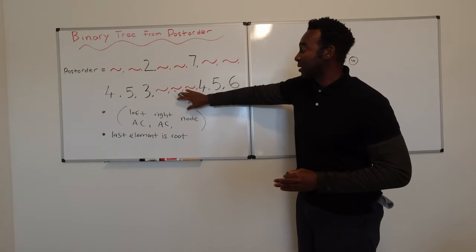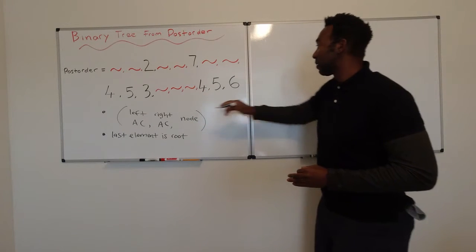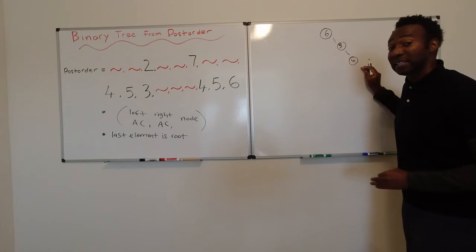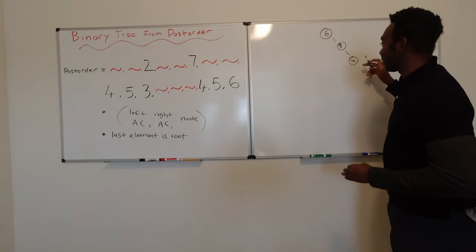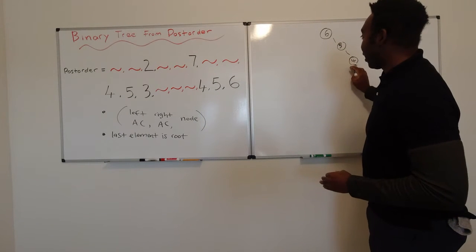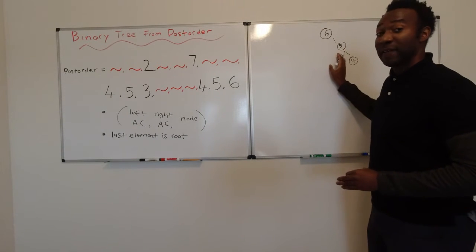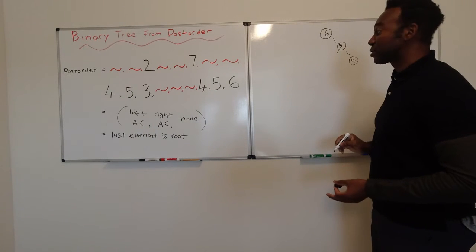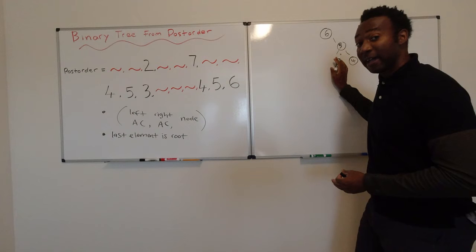So because we have tilde for the right and for the left, that means that this is going to be the leaf of this particular path here. And after that, we then have to go back up to the previous node and then define the left. So when we go to the previous node, that brings us back to the 5.